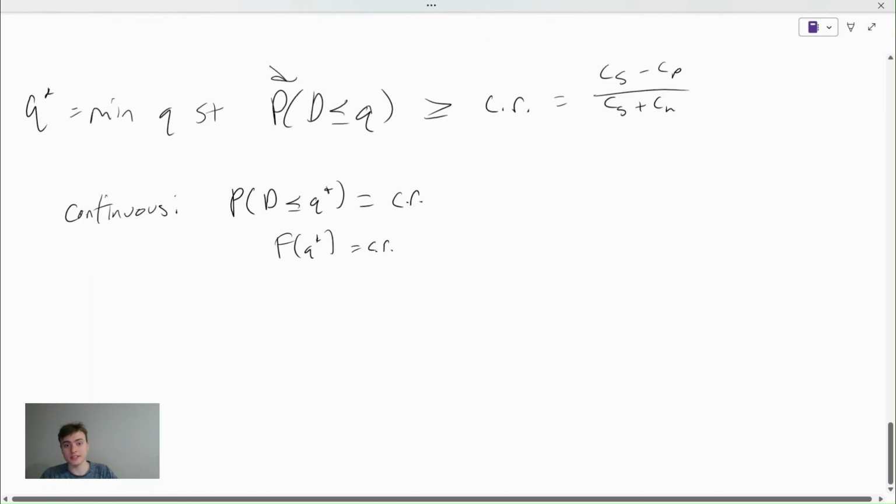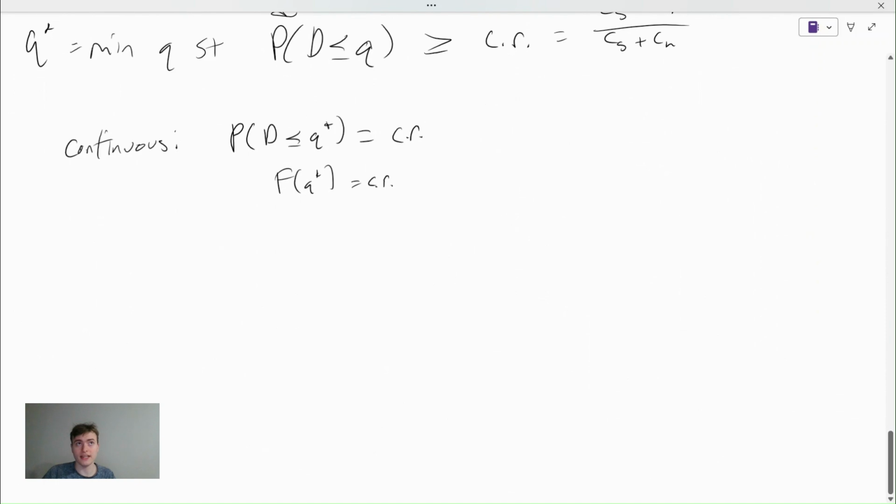For a continuous function, we find the minimum by taking the first derivative, the gradient, and setting it equal to 0. That gives us our extrema, and since it's concave, that's a minimum.